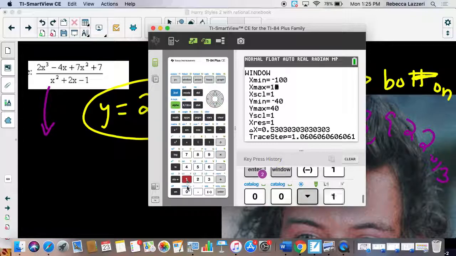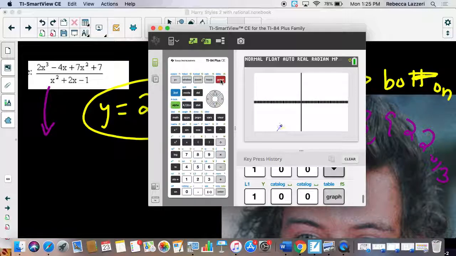Oh, the denominator. And then you factor. Got it. All right, girls, look. Don't miss this. Don't miss this. Don't miss this. The blue graph has a lot going on.